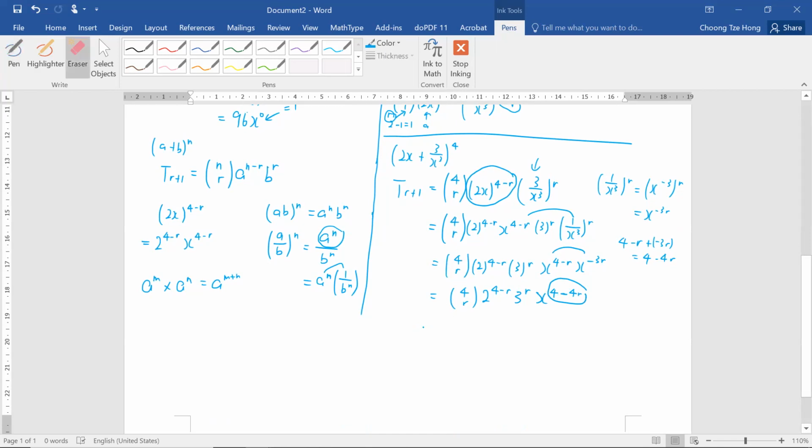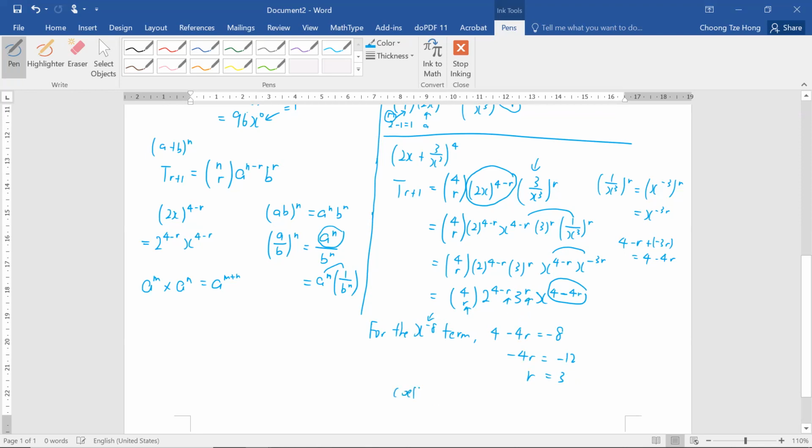So I equate the power, because now the power is minus 8. So I will get this. So r will be 3. Then all I need to do is take the 3 and put it inside here, here, and here. Then I should be able to get my 216.